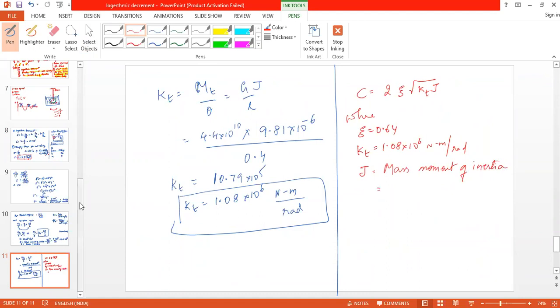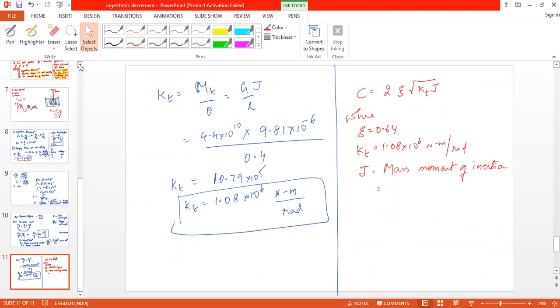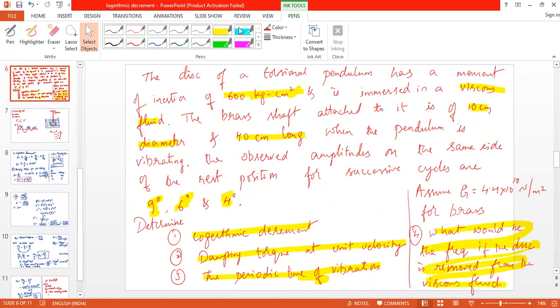Mass moment of inertia is 600 kg centimeter square.